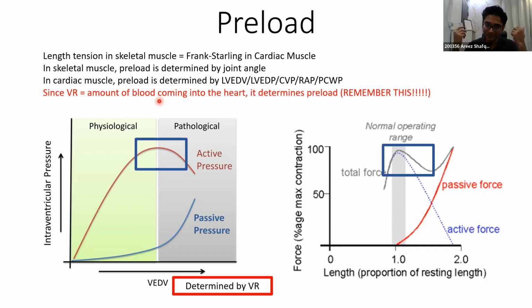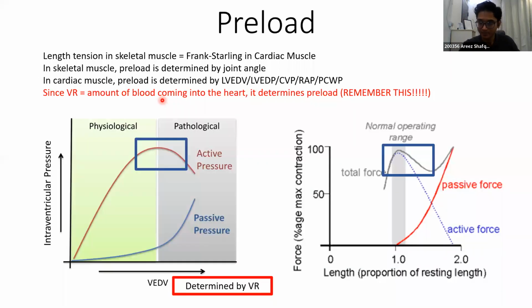The more blood comes into the heart, the more the heart stretches. The more the heart stretches, the better it contracts. So venous return changes cardiac output by the Frank-Starling mechanism. Does that make sense? Okay. So venous return alters cardiac output by Frank-Starling.